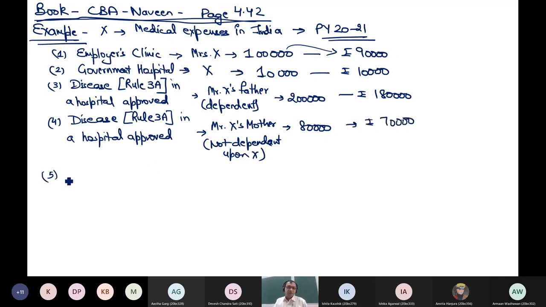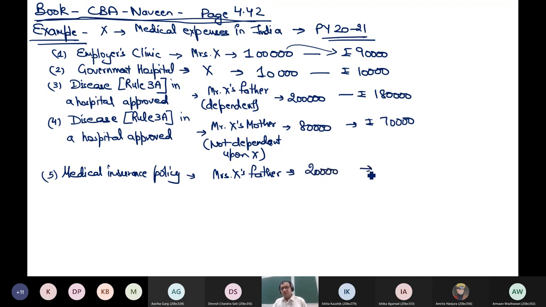There was a medical insurance policy of the employee, on Mrs. X's father, the spouse's father. The premium was 20,000, but employer reimbursed 19. Can you tell me the taxable value of medical? You have to simply tell me taxable value of medical.